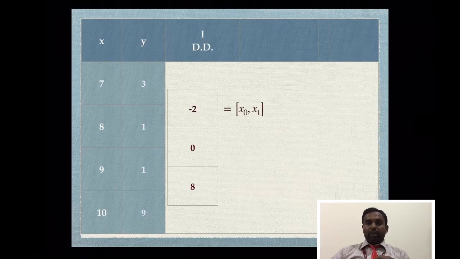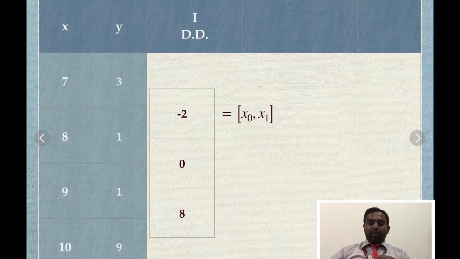Now, coming to the notation part, we already have one small logic in mind: minus 2 is obtained by taking x1 minus x0 in the denominator.